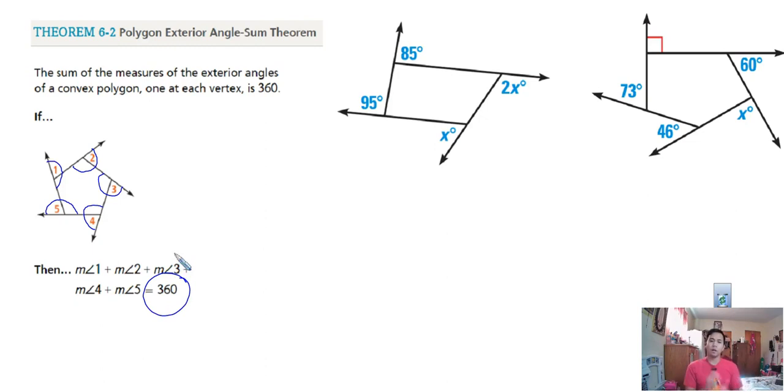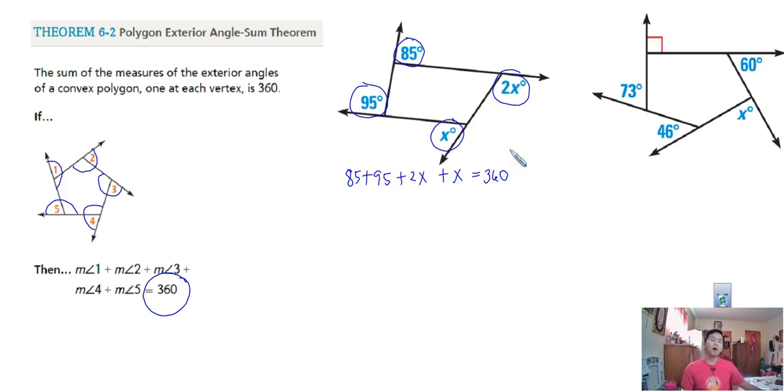All right, so let's proceed with our first example. There are 4 sides in this polygon. Again, if you add all the exterior angles here, that is equivalent to 360, and we have to find the value of x. So I'm going to add 85 plus 95 plus 2x plus x, that will be equivalent to 360.